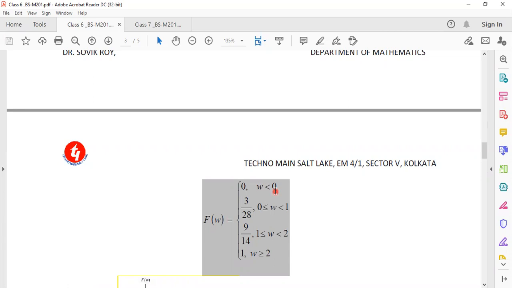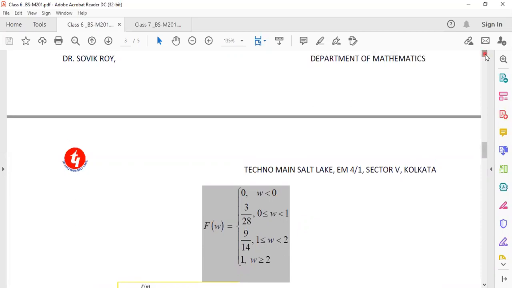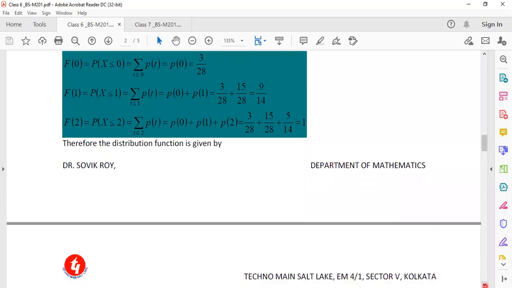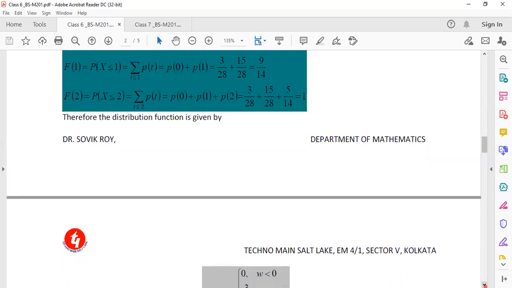We cannot go below 0 and beyond 2. So the only possible value for W is 0. And you know that in that case, the probability is how much? It is 3 by 28, calculated from here. So we have written 3 by 28 in this case.